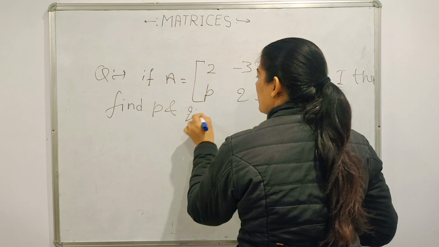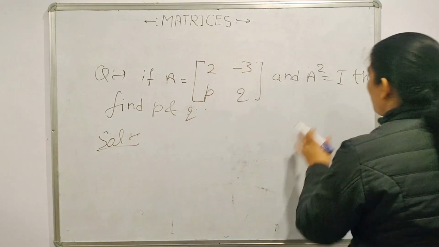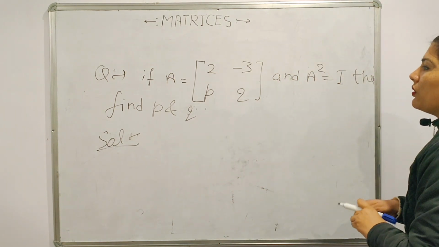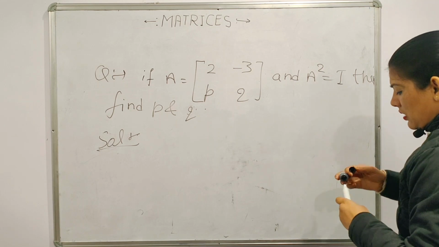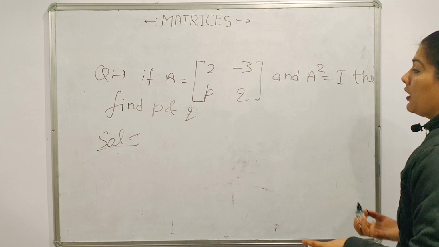Small q is here. So what is given, you have to take that condition. Here a square is given to be equal to the identity matrix.